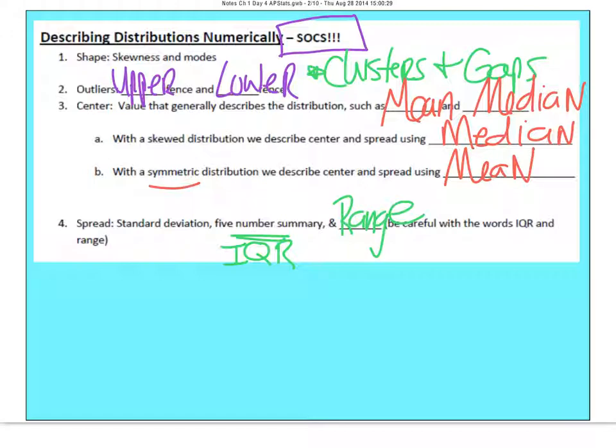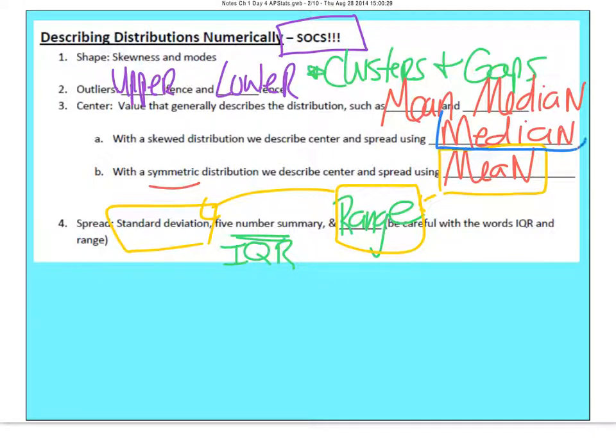The way you want to connect which spread to use is if we choose to use the mean for the center because it's symmetric, then that means that we could actually use the standard deviation, or the range would be acceptable measurements for that. However, if we had chosen that we're going to use the median for our data for the center, then what you want to end up using for that would be the IQR for the spread. So those kind of partner together in what you would use hand in hand.